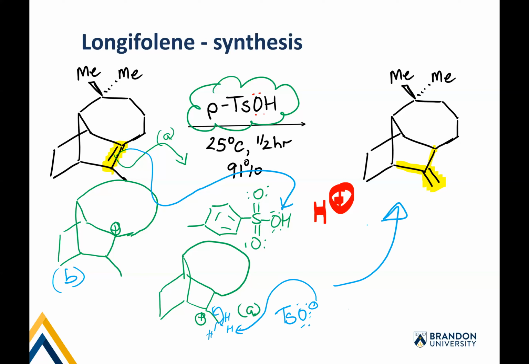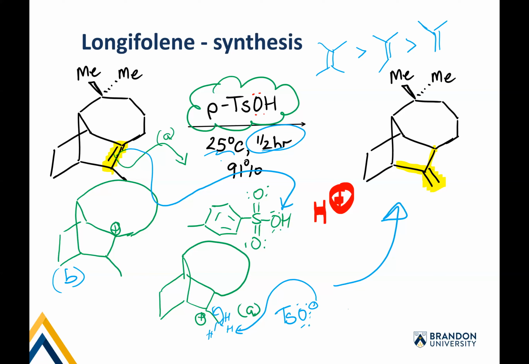But it's interesting that you start with a tetrasubstituted double bond and you end up with a disubstituted double bond. And if we think about double bonds, which one's the most thermodynamically stable? Tetra are more than tri, which are more than di. So what's going on here that makes this reaction take place really quickly, half an hour at room temperature, and the yield's really, really good?